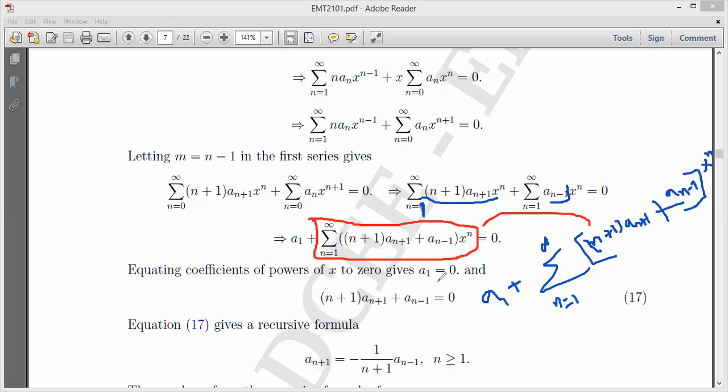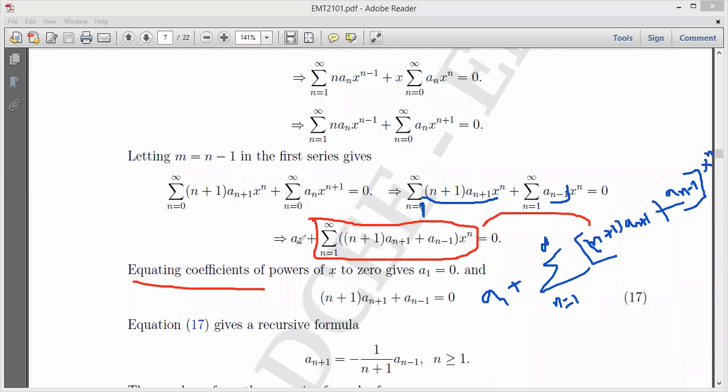We already know in here you have A1, and here we are saying we can equate the coefficients. Equating the coefficients of x to the 0 gives, so we have this and we have that. So when we say x to the 0, of course, this one cannot run from 0. Why? This n is running from 1.